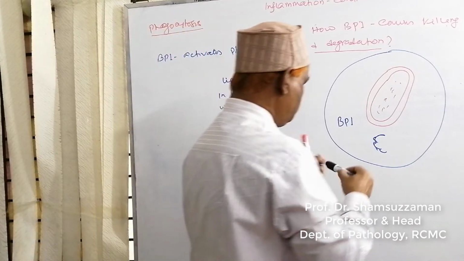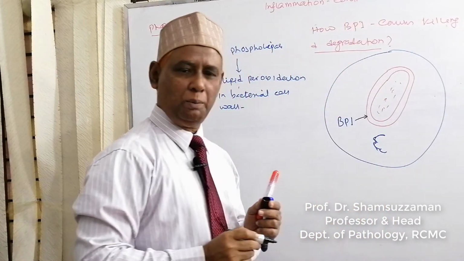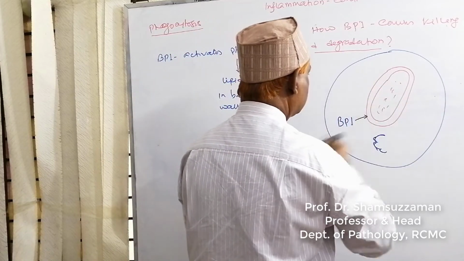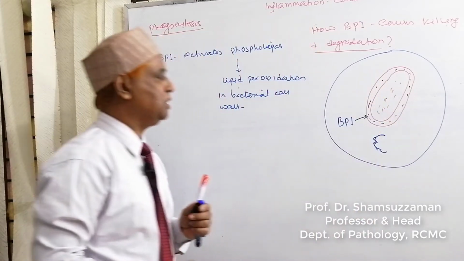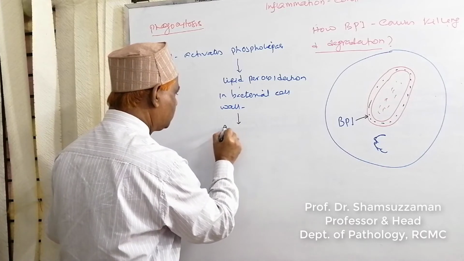BPI acts upon here, it activates the phospholipase enzyme and there is lipid peroxidation throughout the wall. As there is lipid peroxidation in the wall of the bacteria, what will happen? The bacterial wall becomes weak.